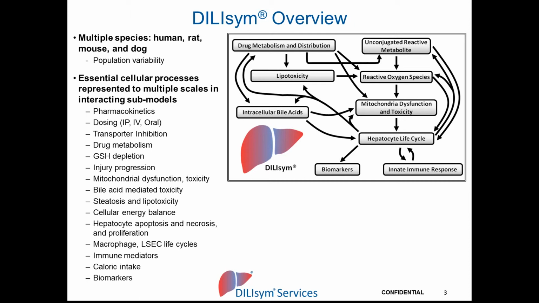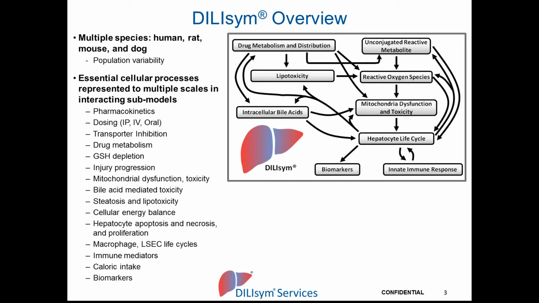And that interacts with the various mechanistic pathways of hepatotoxicity, including oxidative stress, mitochondrial dysfunction, lipotoxicity, reactive metabolites, and intracellular bile acids. These mechanistic pathways have some interaction as well. Ultimately, they all interact with the hepatocyte life cycle to induce either apoptosis or necrosis.